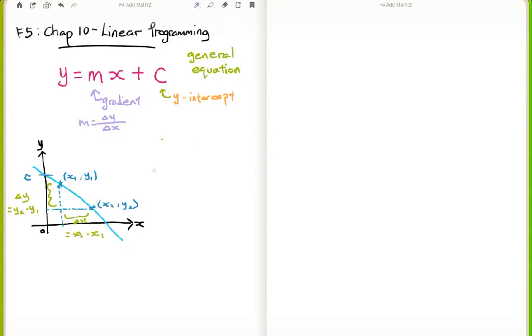Therefore my gradient m equals y2 minus y1 over x2 minus x1. By knowing the y-intercept, or by substituting x as 0, we find c, the y-intercept.